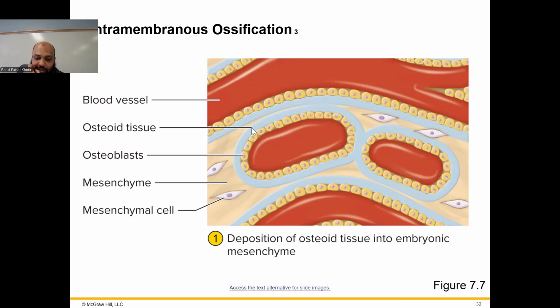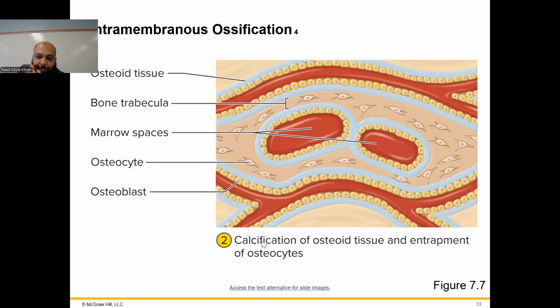So the osteoid tissue was deposited first, and then you would have the calcification of the osteoid tissue. Now the osteoid tissue is going to harden up, it's going to get cooked. So now it is no longer soft dough, it's going to be a very tough cookie. And then the osteocytes are going to retire there. They're going to be entrapped.